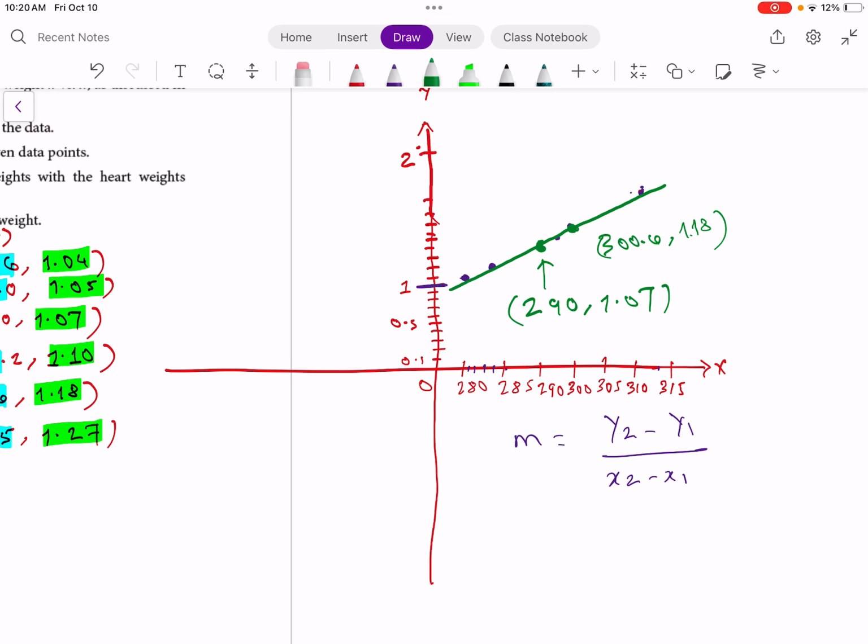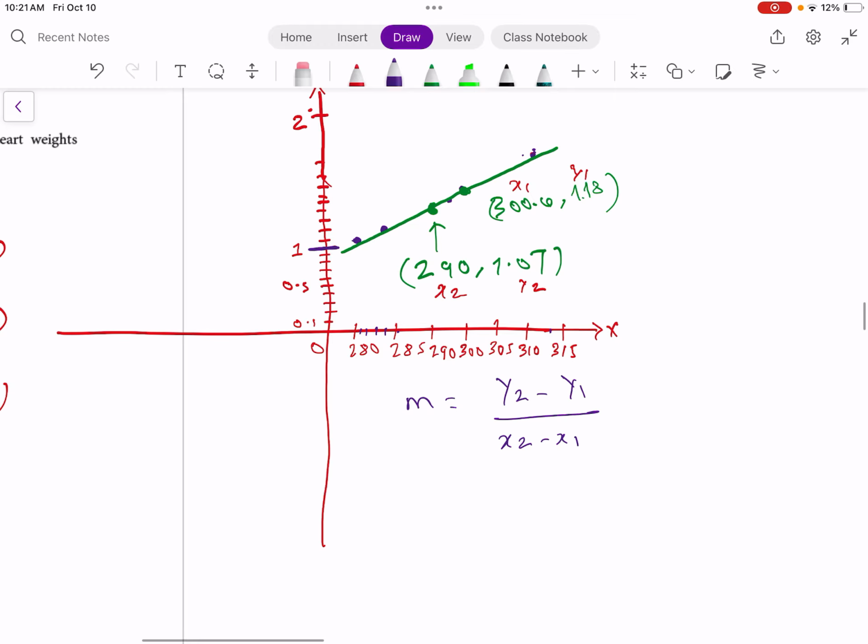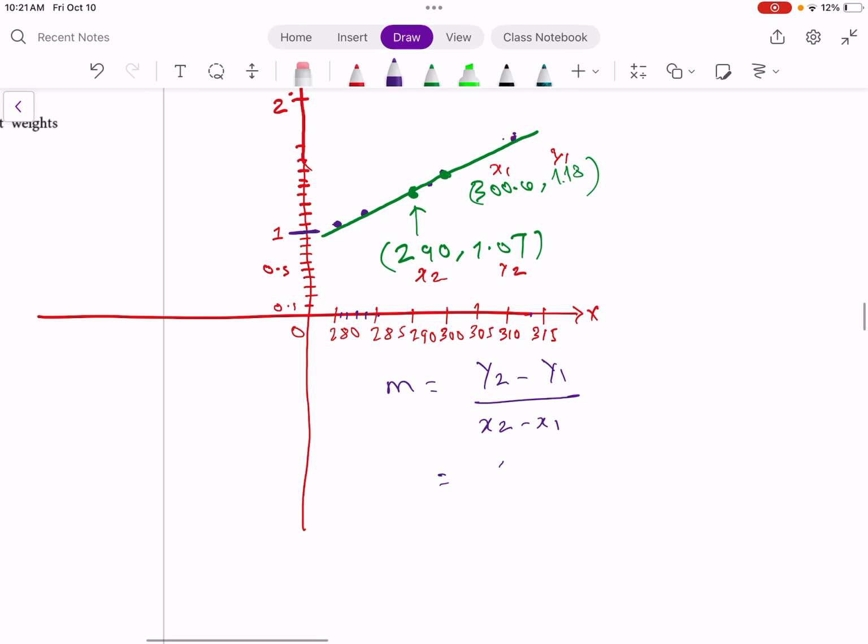Good. You can pick any 2 points on that straight line. Now we use the slope formula to find the slope of this line. Let's call this x1, this y1, this x2, this y2. Now we substitute. Our y2 is 1.18 minus y1, 1.07, divided by x2, 300.6, minus x1, that is 290.